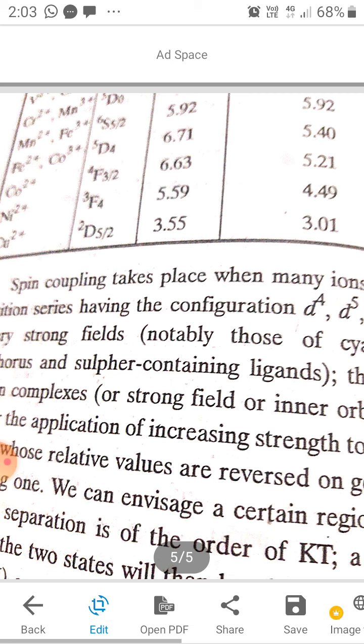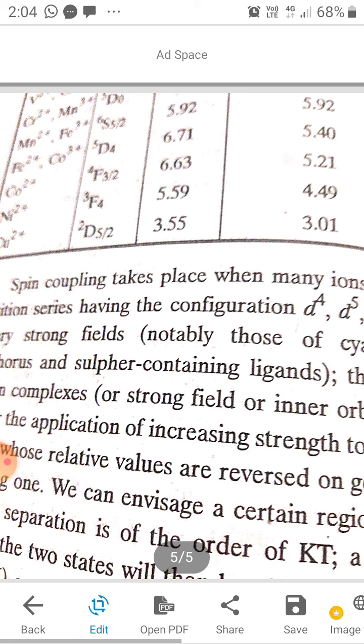If we consider the application of increasing strength to two states of different energies, we can make certain regions of field strength in the order of kT.